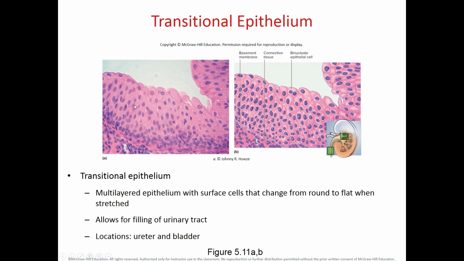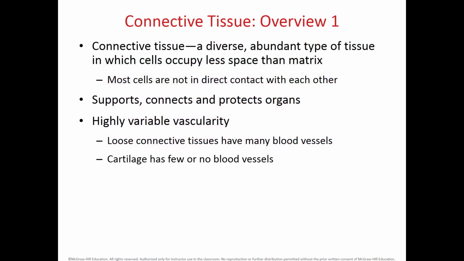And these epithelial cells can be round when the organ is not full, like in the case of the urinary bladder, but when the urinary bladder is getting filled with urine, these cells, especially the ones on the top, will become flattened, looking squamous. So that's why it's called transitional, because the change happens between cuboidal and squamous.